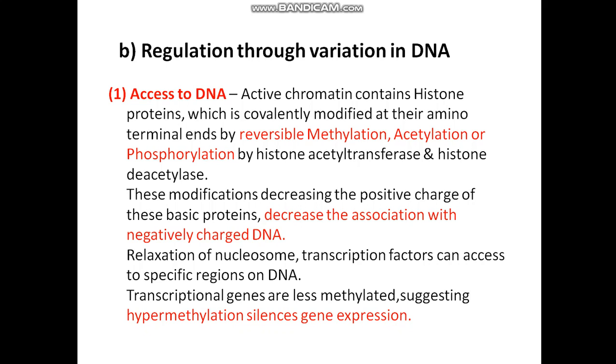Now, regulation through variation in access to DNA. Active chromatin contains histones, and reversible methylation, acetylation or phosphorylation by histone acetyltransferase and histone deacetylase takes place. These modifications decrease the positive charge of these basic proteins and decrease the association with negatively charged DNA.